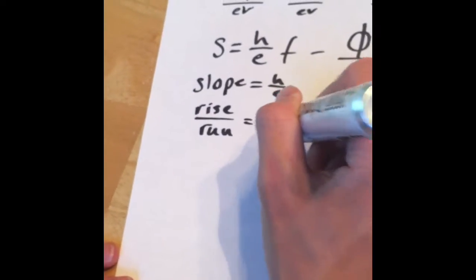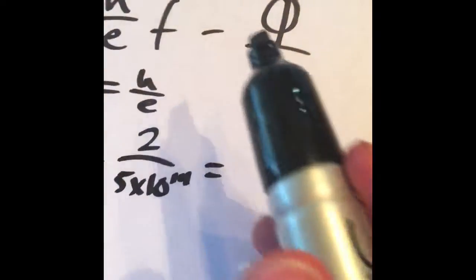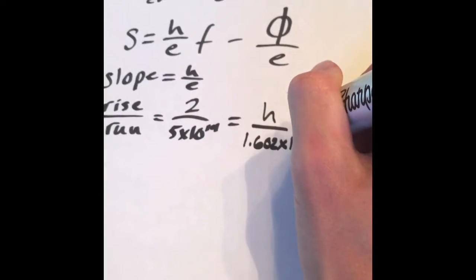So now rise, obviously 2 as we saw from the graph, over 5 times 10 to the 14th equals h over e. We know what e is. What is it, guys? That's right, 1.602 times 10 to the negative 19th. So h over 1.602 times 10 to the negative 19th. This is just a proportion to solve for h.